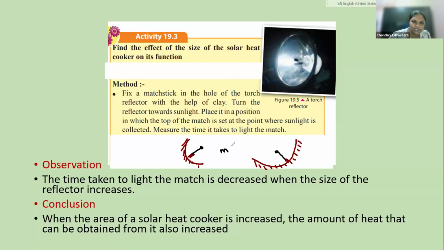Then write: fix a matchstick in the hole of the torch reflector. Miss, for the method, we need to write the whole paragraph.